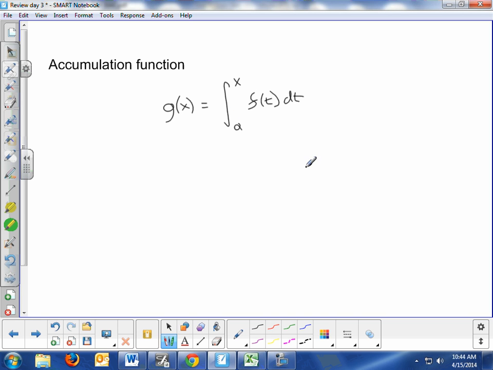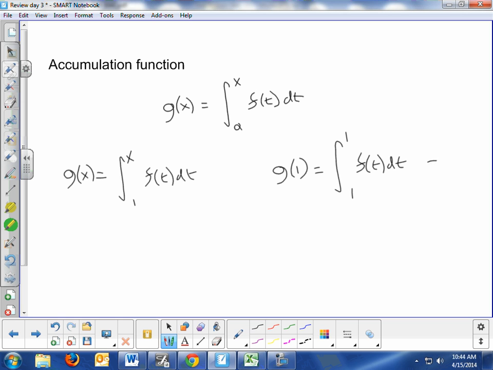So if g of x was equal to the area from 1 to x of, I don't know, some function, I could find, say, g of 1 by plugging in 1 for x, keeping f of t dt the same. I know, and this was an integral property that we should have talked about, that the area from 1 to 1 is just what? 0.